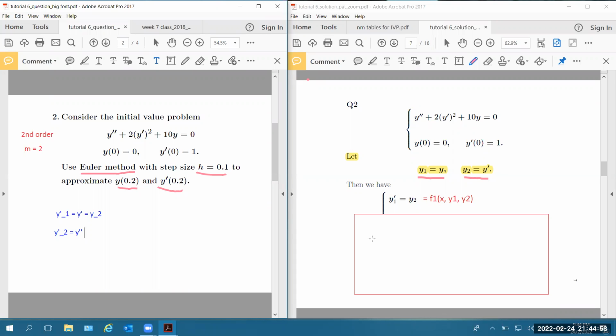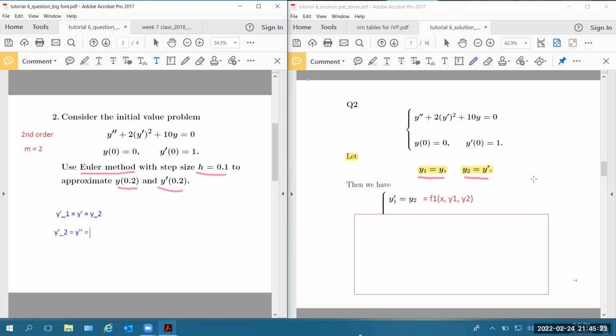Now, what is y double prime? Because I don't want to have y anymore. Is y double prime called y3? How do you get y double prime? Anyone?